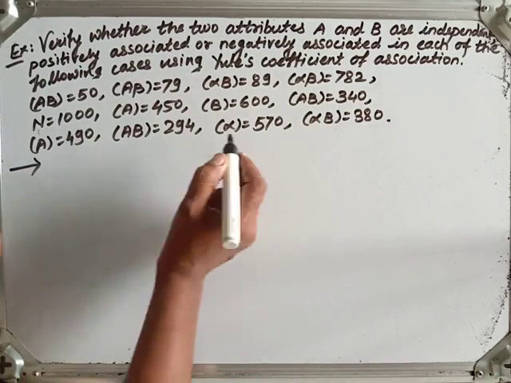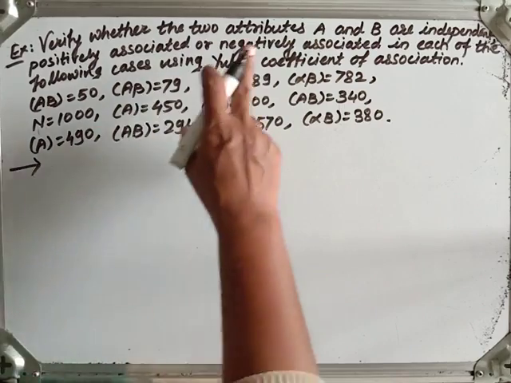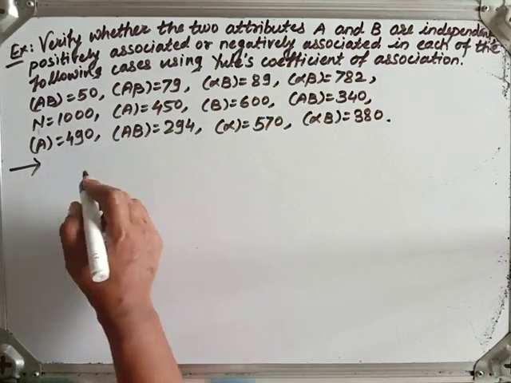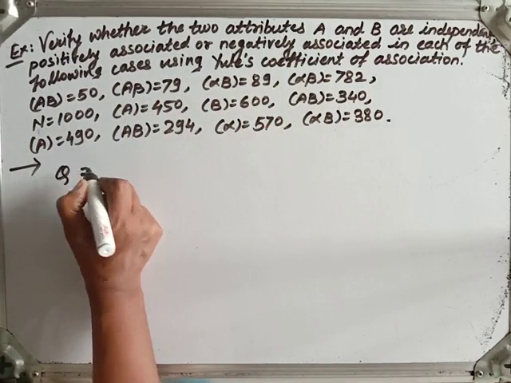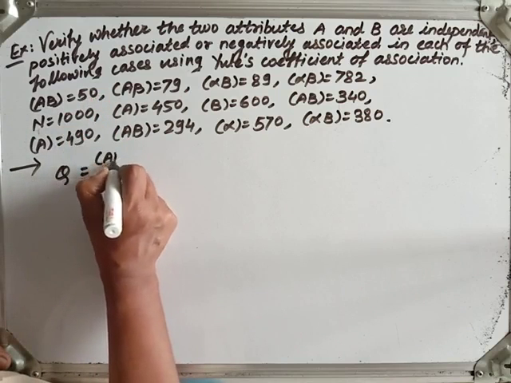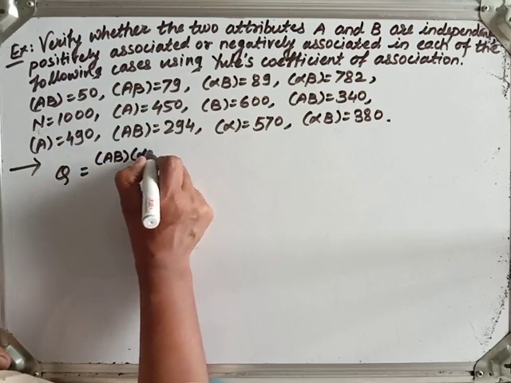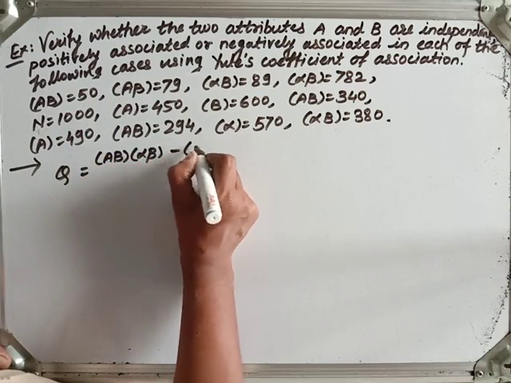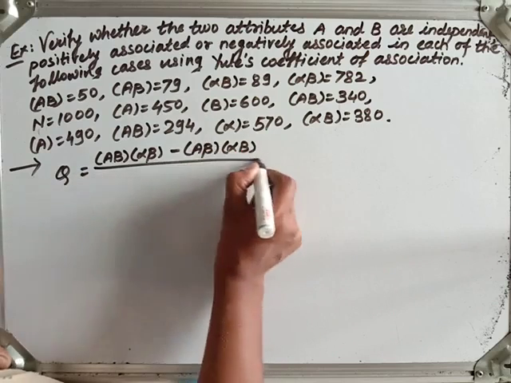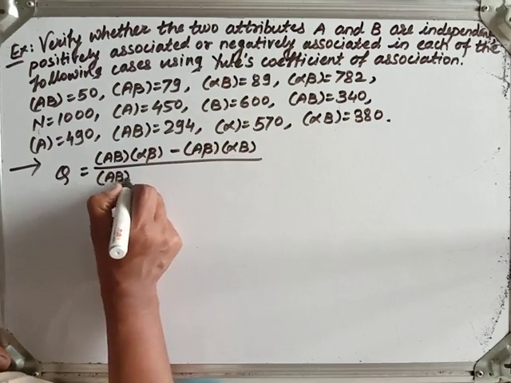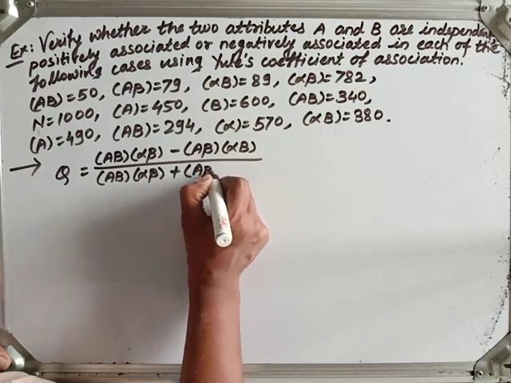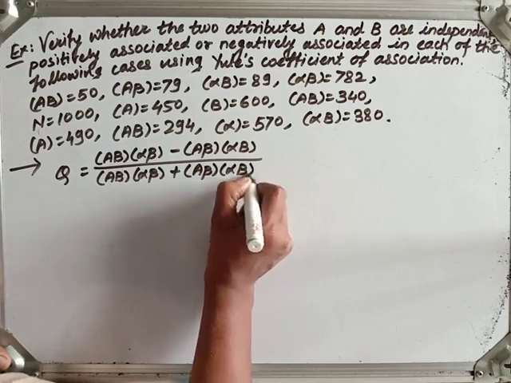Now from Yule's coefficient of association, we have to verify whether these two attributes are independent, positively associated or negatively associated. So let's find out Q. What is the formula for Q? It is frequency of AB into frequency of alpha beta minus frequency of A beta into frequency of alpha B, upon frequency of AB into frequency of alpha beta plus frequency of A beta into frequency of alpha B. Fine.